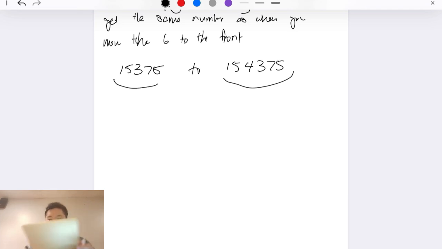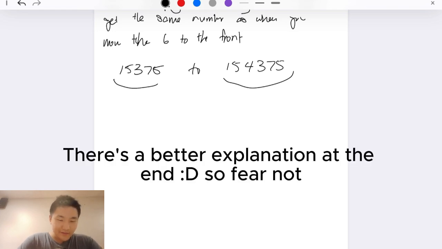Okay, let me see what I wrote here. We are also provided with the information that when 6 moves to the front, every digit shifts down. So we need to ensure that the new number in the nth position is equal to the previous number in that position multiplied by 4. Okay, I think that's even a worse explanation.